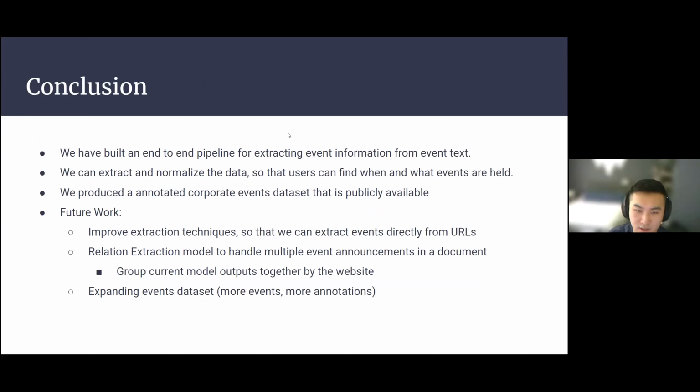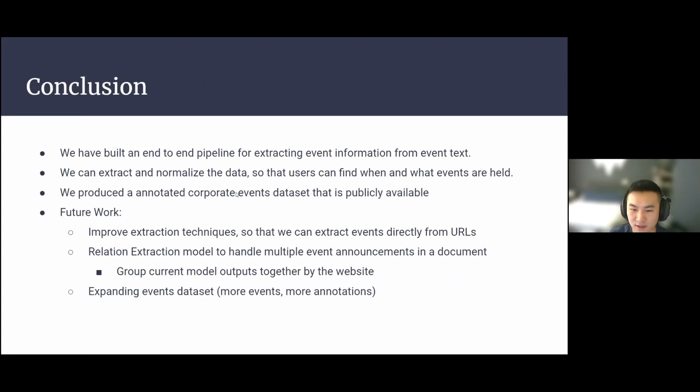So in conclusion, we built an end-to-end pipeline to extract event information from event text and normalize that data. We also produced an annotated corporate event dataset that can be made publicly available.